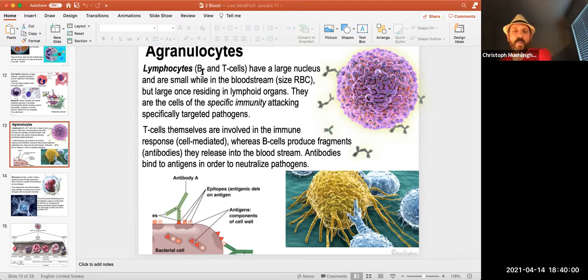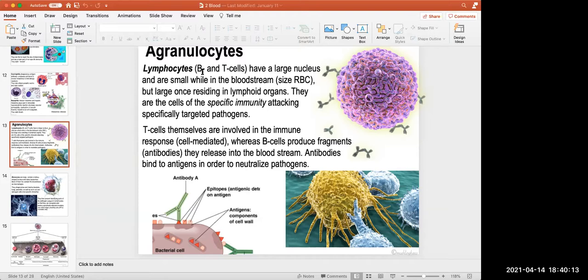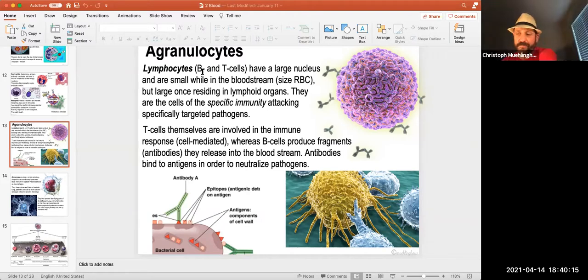And so we're going to talk about the immune system, but we have a non-specific immunity. So when you cut yourself, then you have an inflammatory process happening. You get red and you bleed a little bit, and that's non-specific immunity. And so that's sort of the first line.